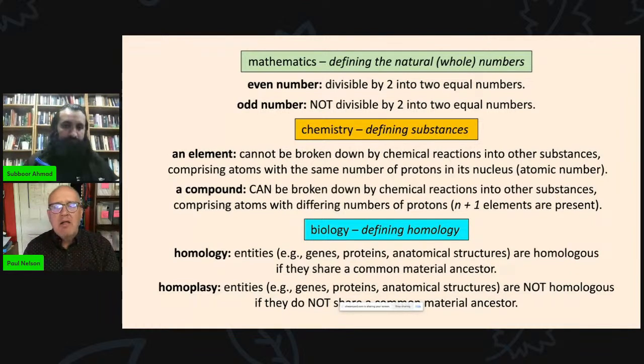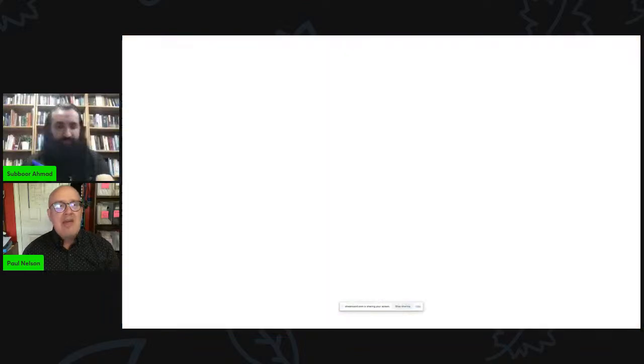Entities are not homologous if they do not share a common material ancestor. So my point here philosophically is to stress that giving up stable definitions for concepts like homology comes at a cost, and it's a cost one needs to be very certain that you're willing to pay.